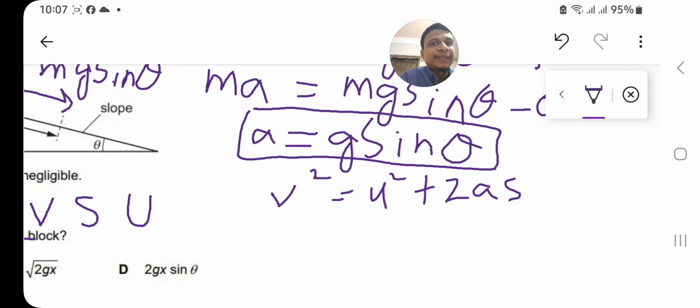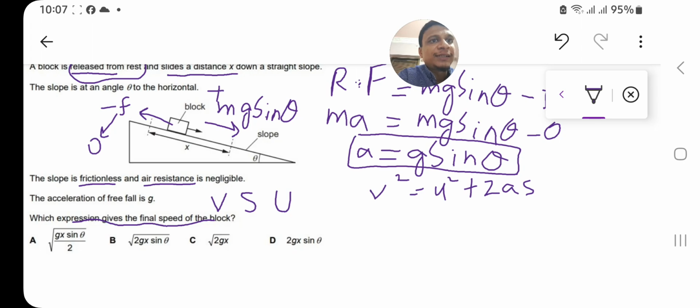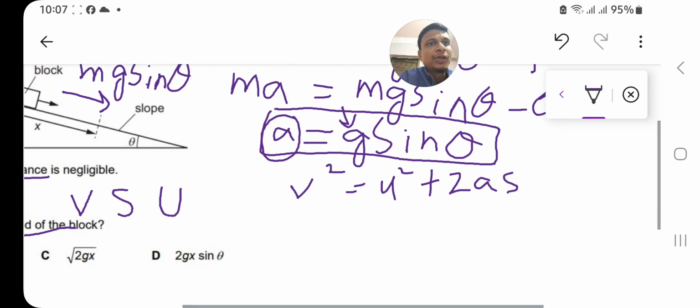Basically we don't need acceleration. You can see that a is not coming anywhere in the answers. Acceleration due to gravity is there, but we need to replace a with something, and that is what we are doing right now.